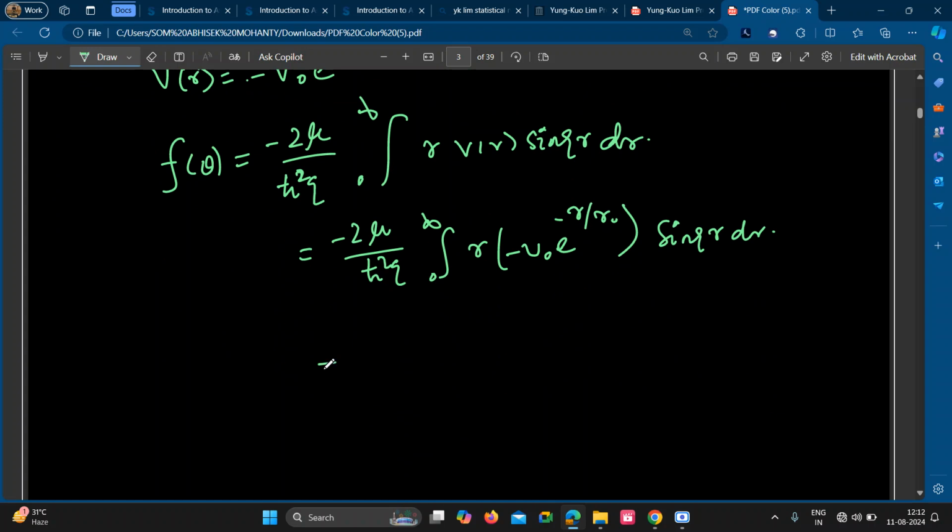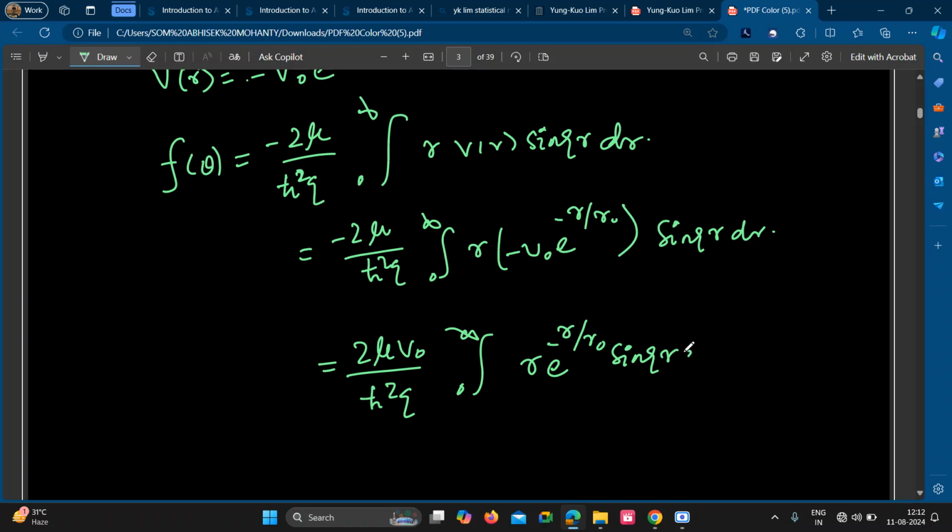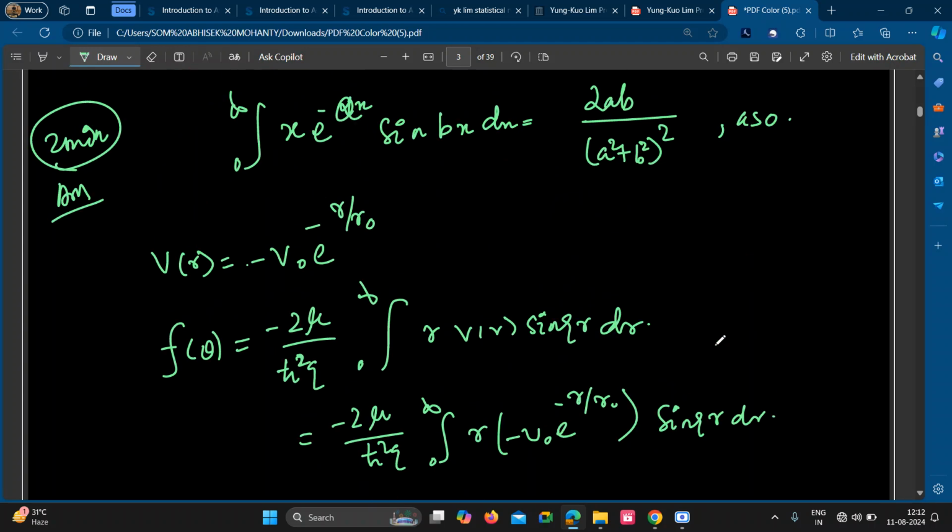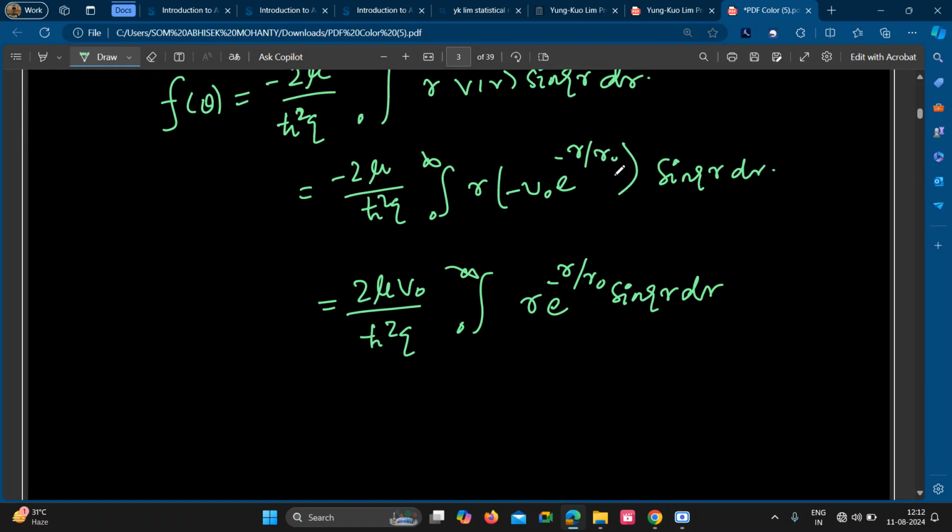So minus V naught goes out, so 2 mu V naught divided by h squared q, integral 0 to infinity r e to the power minus r by r naught sin qr dr. See, this expression is similar to the given one, isn't it? So what is the direct formula? 2ab by (a squared plus b squared) whole squared. You just have to recognize what is a and what is b.